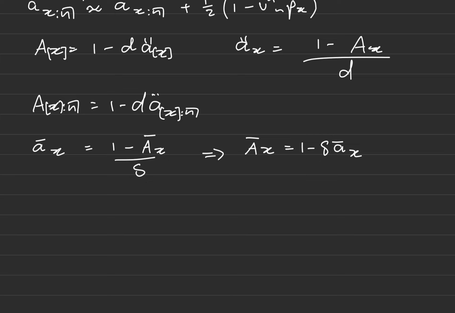Okay, then this also holds for the temporary continuously payable annuities and assurances, term assurances paid immediately on death. And once again, this holds for select and ultimate mortality. So you can just add your square brackets to the ages and those work just fine.